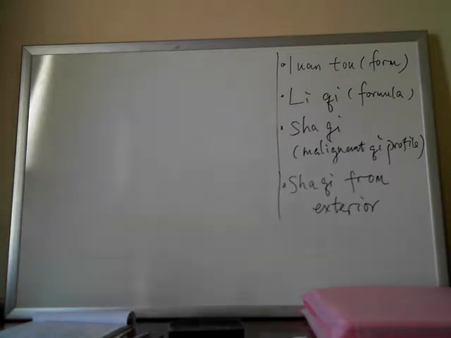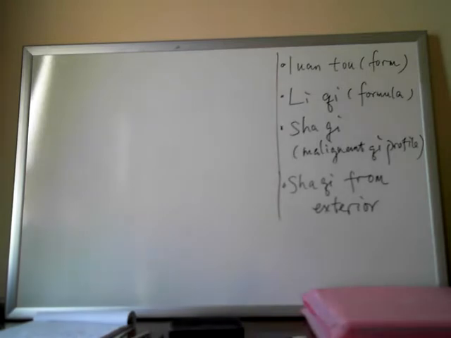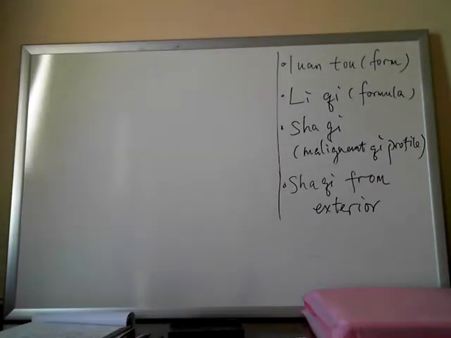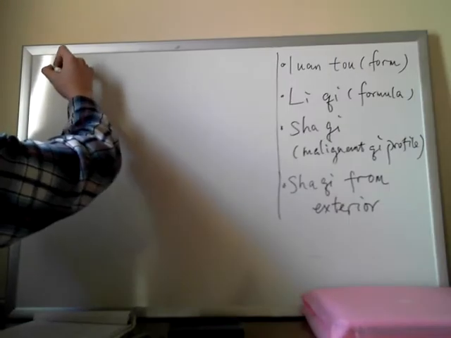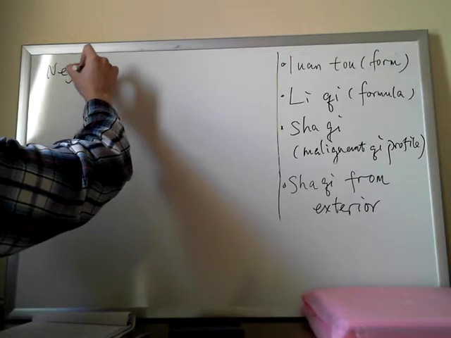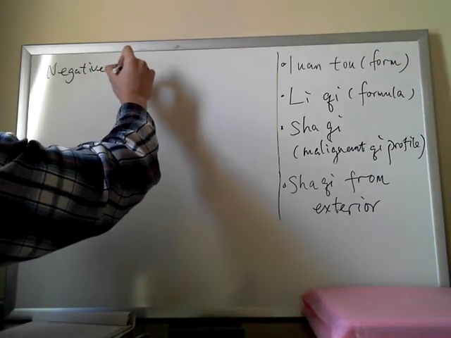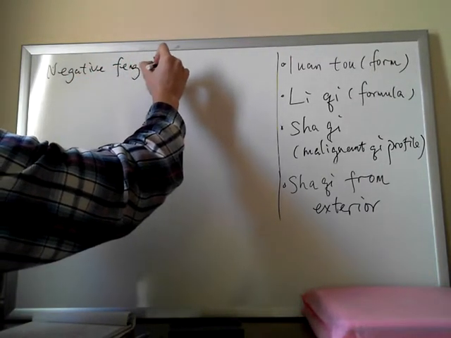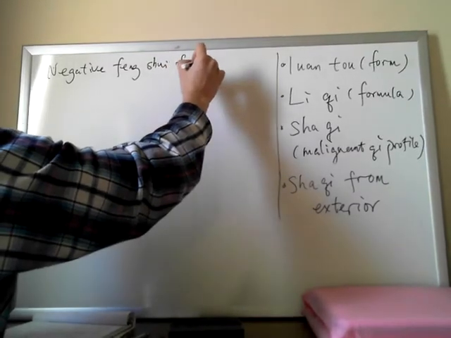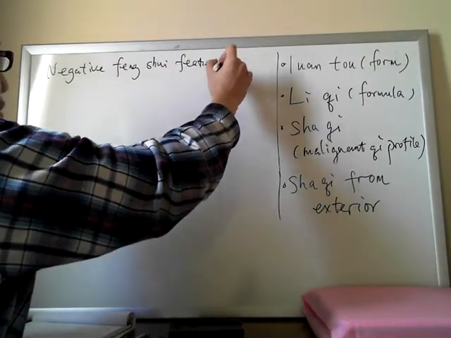Okay, that's not right. So in this class I will discuss the sha qi from exterior, and I will show you, basically, also I can call that the negative feng shui structure, the negative feng shui feature from exterior.